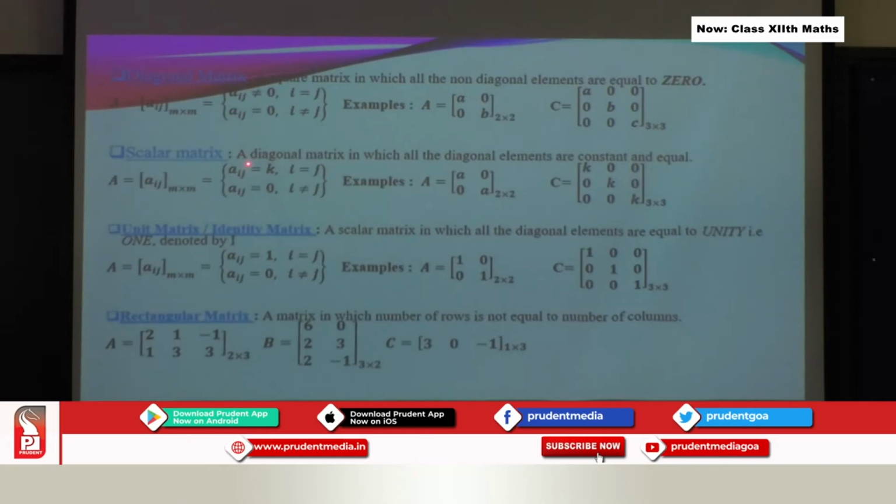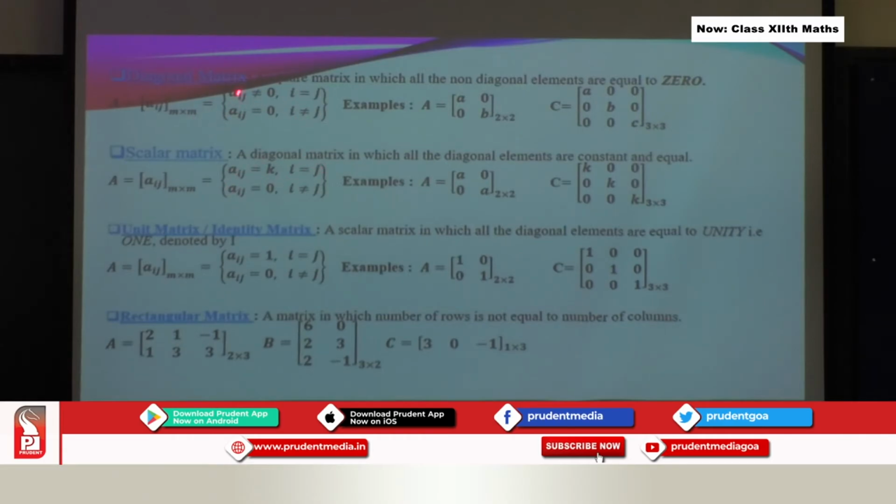So over here, a diagonal matrix in which all diagonal elements are constant and equal. This is very important. All the elements along the diagonal, these are equal and this is a constant number.